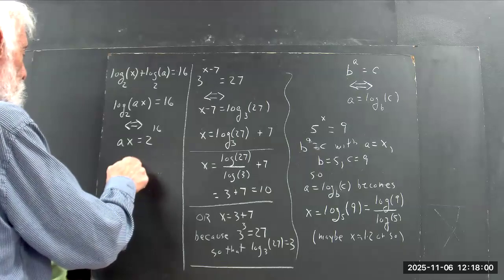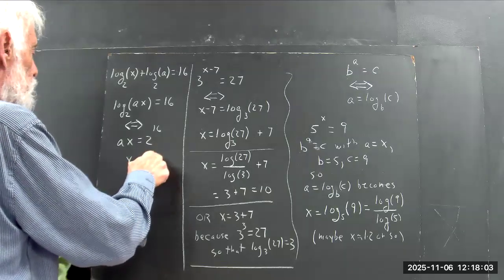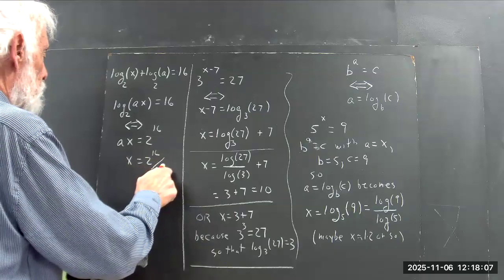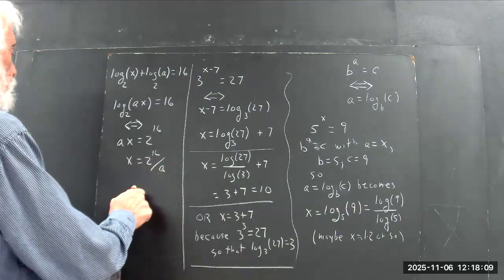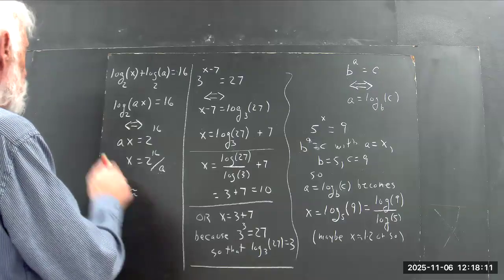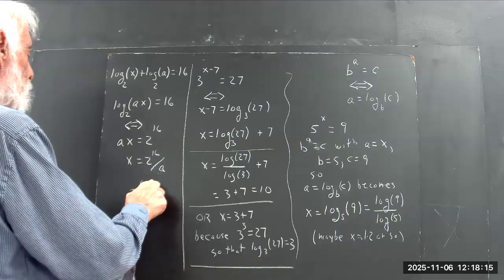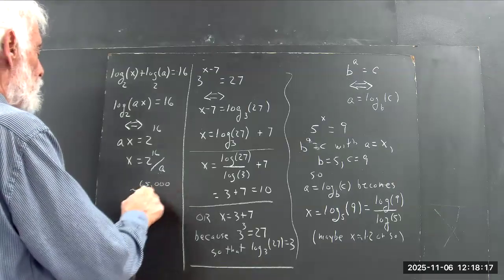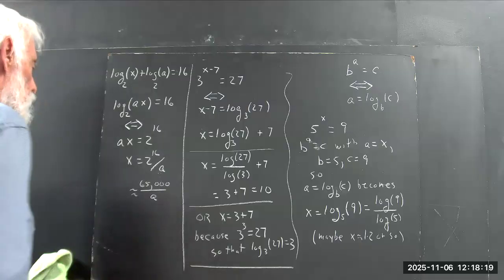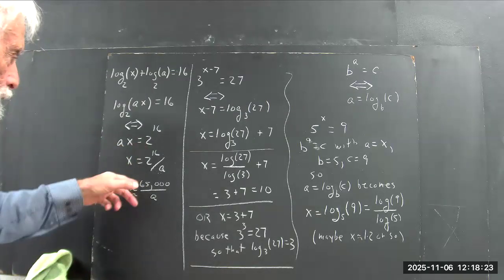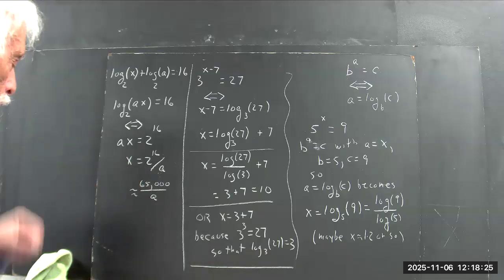So that x equals 2 to the 16th divided by a, which is approximately equal to 65,000 divided by a, because 2 to the 16th is kind of close to 65,000. You can figure it out.